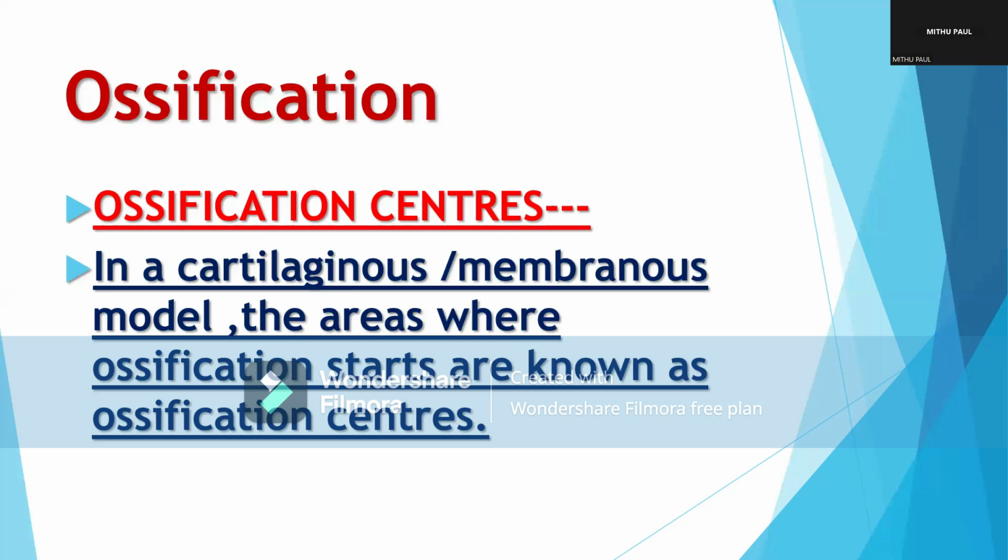And onto the surface of those models, initially, areas develop where the mesenchymal stem cells differentiate to form the osteoblasts. These osteoblasts gradually develop to form the osteocytes, osteoclasts, etc.